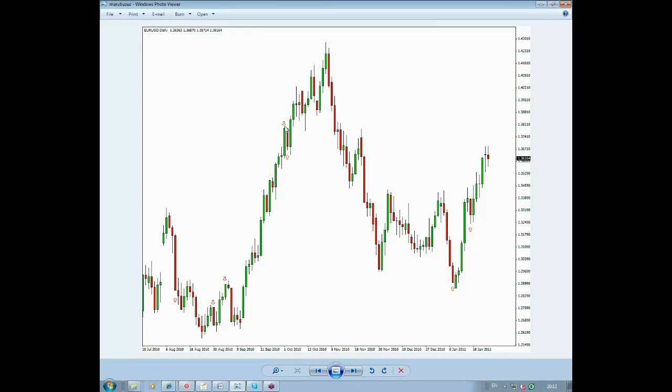And I always ask you, friends, do not believe me, please. Go and test it for yourself. The fact that I have beautiful eyes, just kidding, is not enough to believe me to trade the Marubozus. Just go and try it, and you will see how beautifully it works.